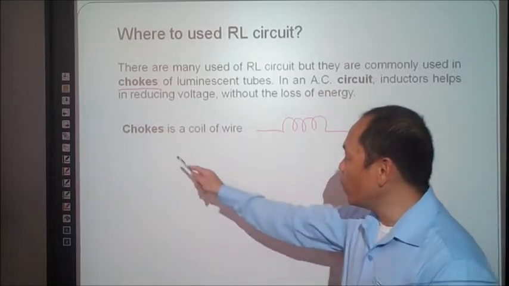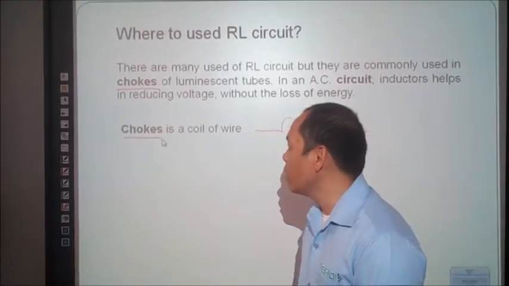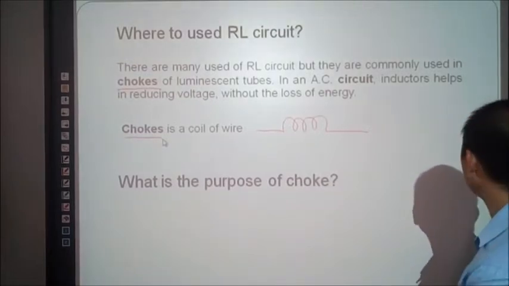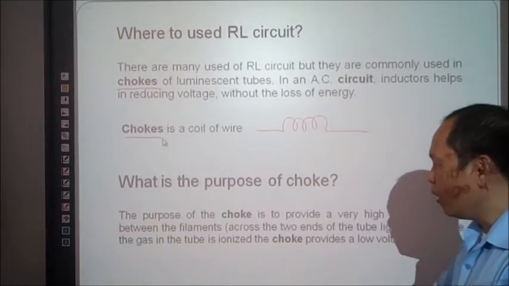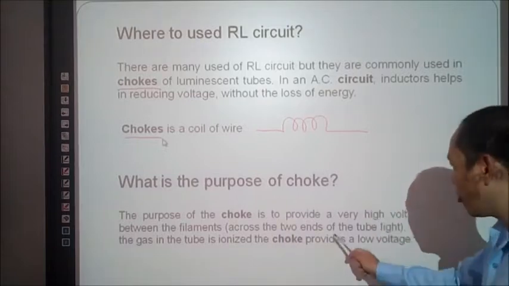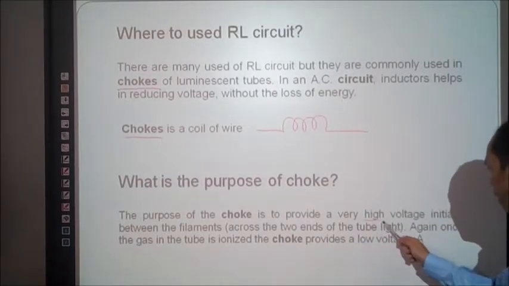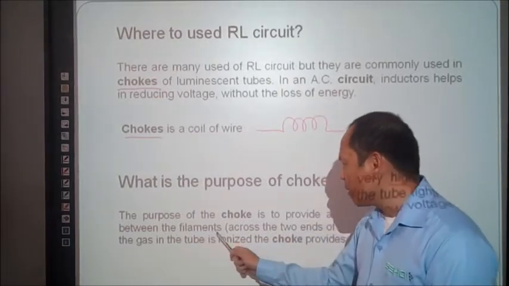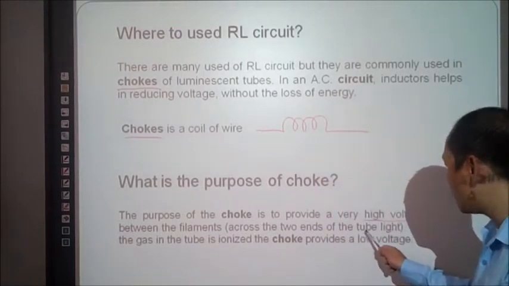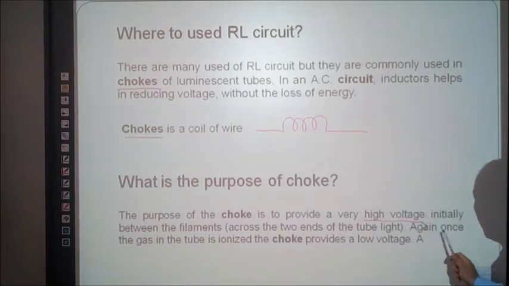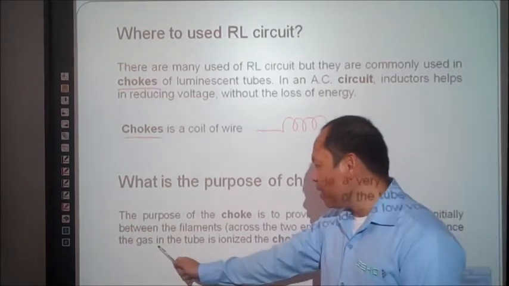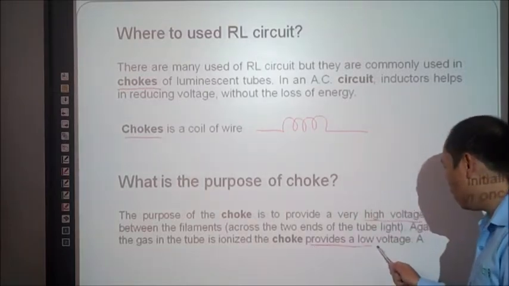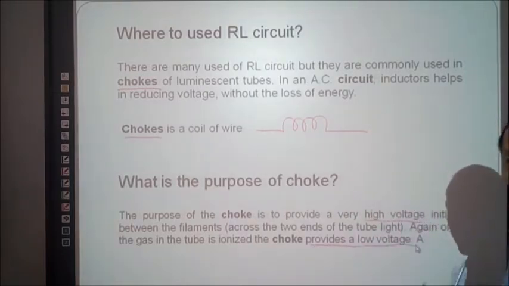Now, what is the purpose of the choke? The purpose of the choke is to provide a very high voltage initially between the filaments across the two ends of the tube light. Again, once the gas in the tube is ionized, the choke provides a low voltage.